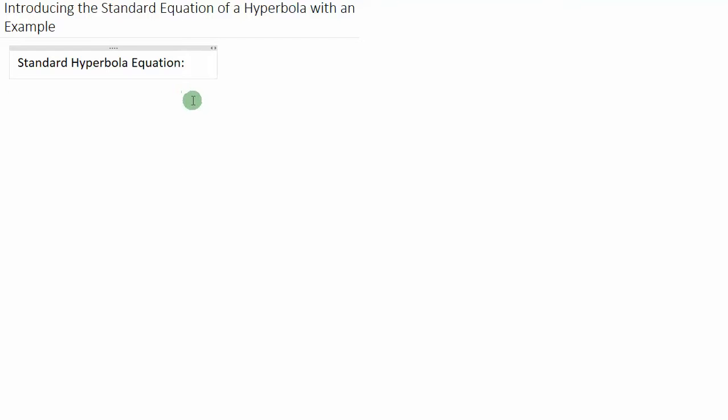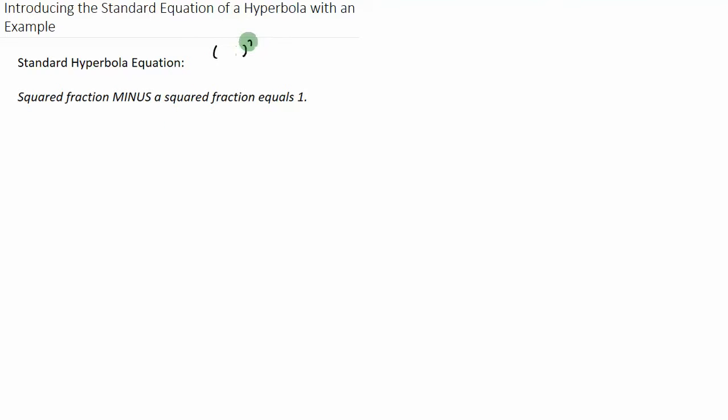The way I like to think of this is as a squared fraction minus a squared fraction equals 1. Okay? In an ellipse, it's the same thing except it's a squared fraction plus a squared fraction. So it looks something like this.